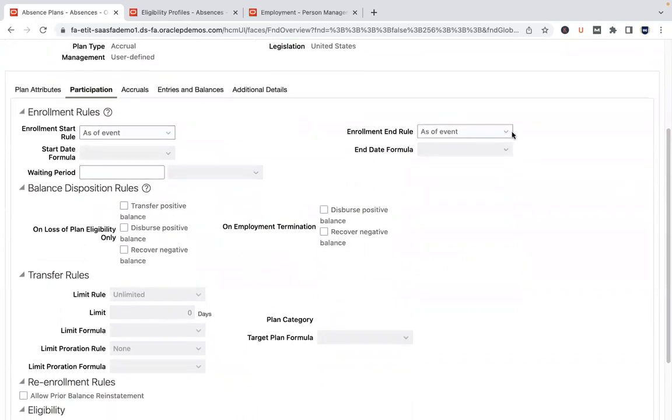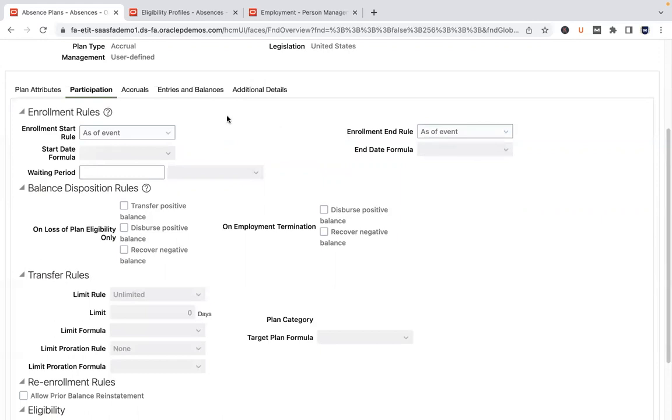Apart from this, you have some important options that you select here, like the enrollment rules, enrollment start rule and end rule. The enrollment start rule here would be as of event by default. You leave it that way.